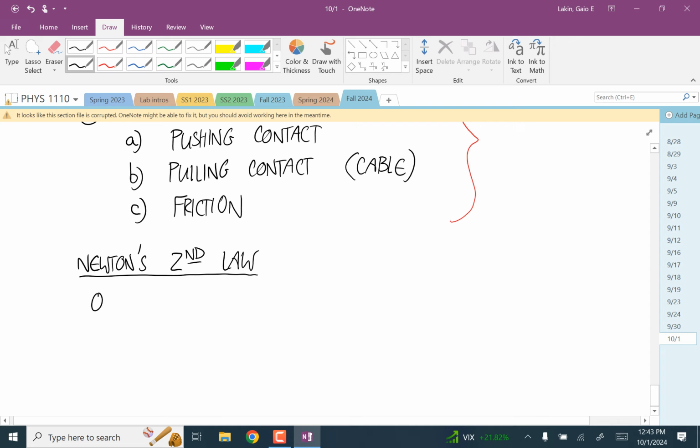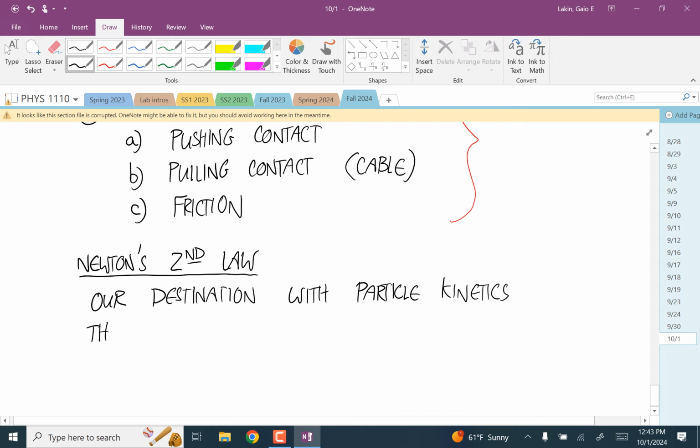This is kind of our final destination with particle kinetics. And this is the most important equation in this class.